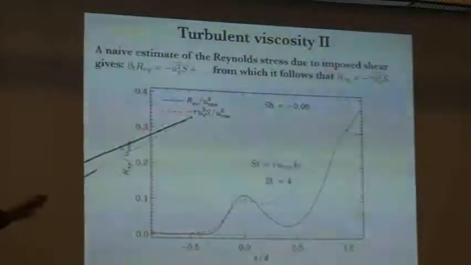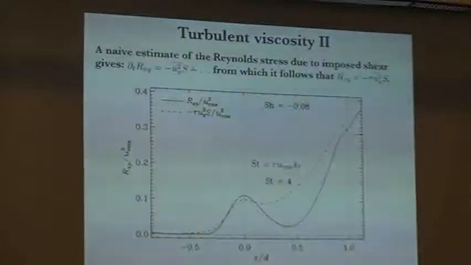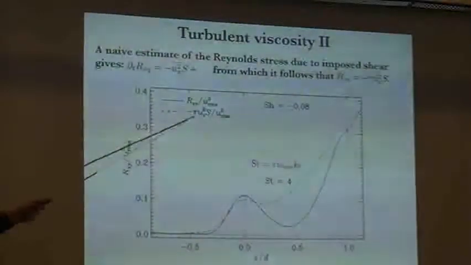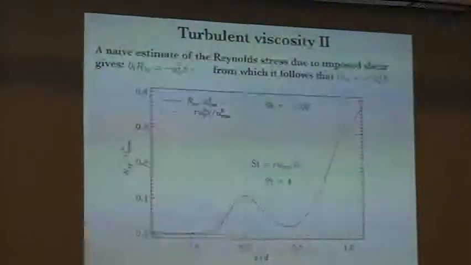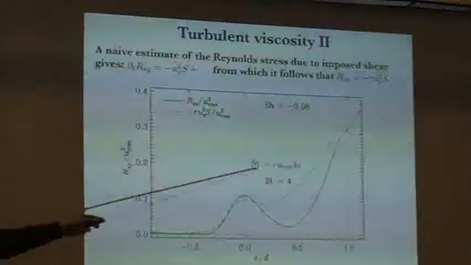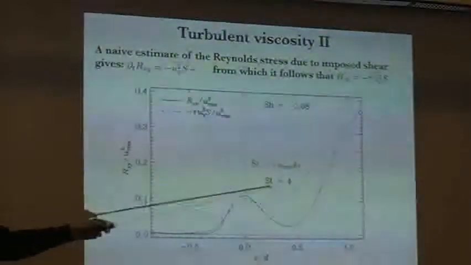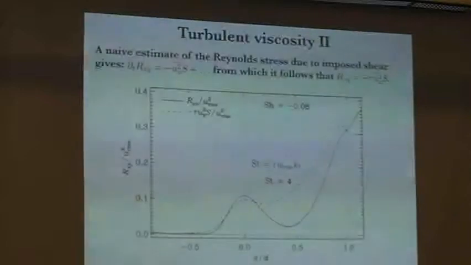Then we have this expression overplotted, and I have tuned the tau so that these curves go approximately on top of each other. Tau is now such that the Strouhal number, which is defined like that, is 4, which is still fairly high.